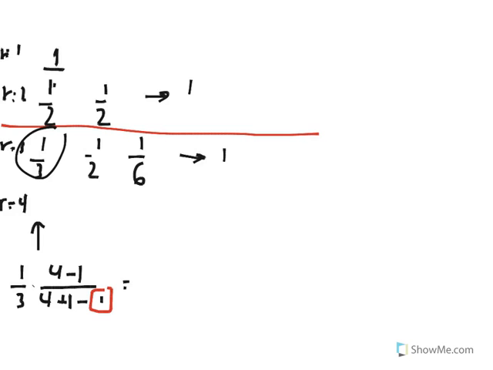When I simplify this, look what happens. I get 1/3 times 3 over 4 plus 1 is 5 minus 1 is 4, becomes 1/4. And 1/4 is the answer there. Now the only difference for getting the second element, well, there's two differences. I'm going to use this number. So instead of 1/3, I'm going to multiply 1/2. You always multiply the number that's above the number you're trying to get.